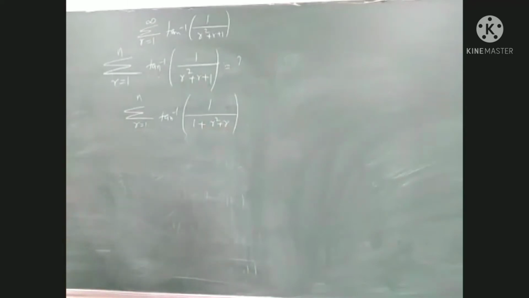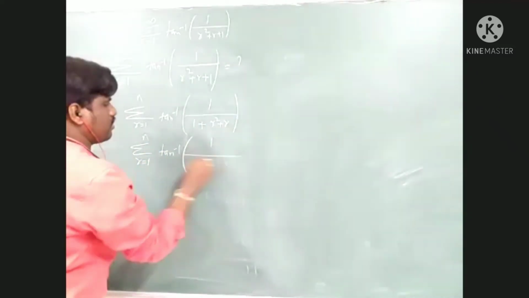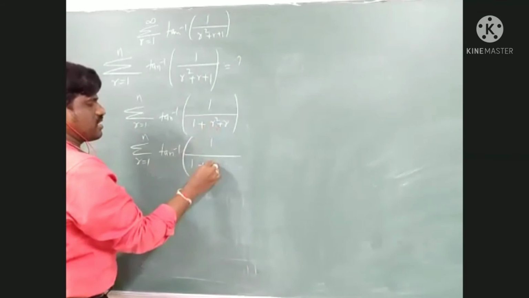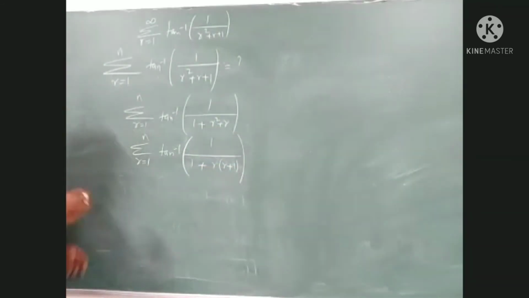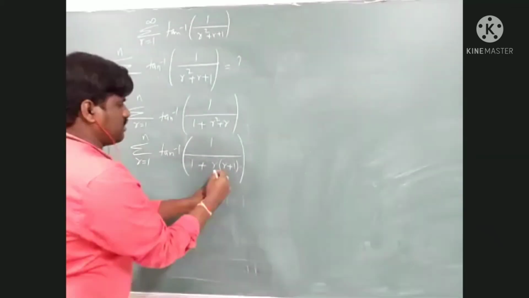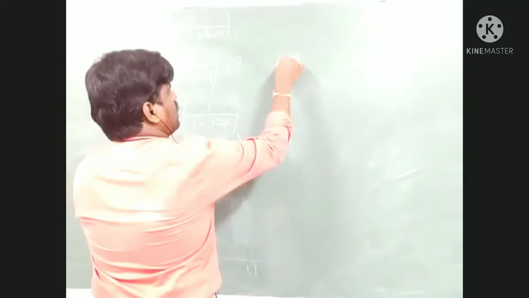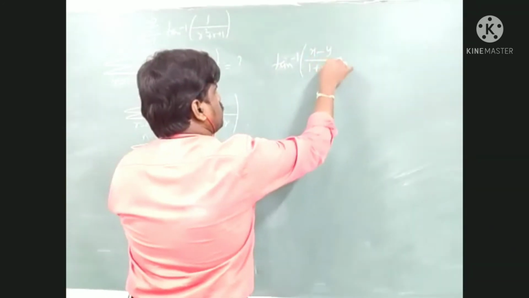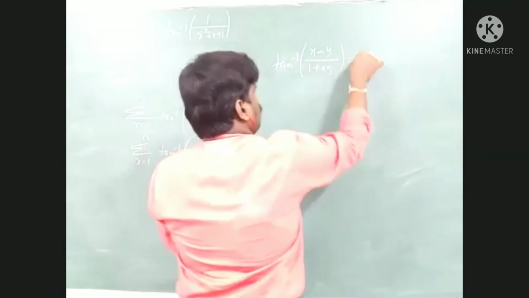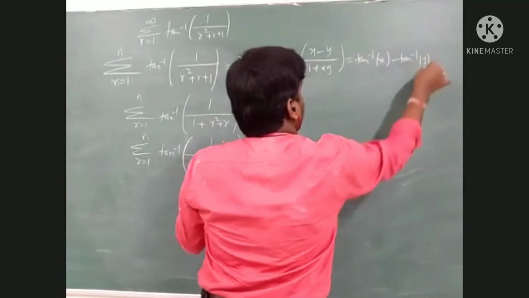So I can write 1 upon 1 plus r into (r plus 1), making it factors by taking r common. I want to make the difference of the numerator, since the product is in the denominator. You know that tan inverse of (x minus y) upon (1 plus xy) is equal to tan inverse x minus tan inverse y. This is what I have to make.